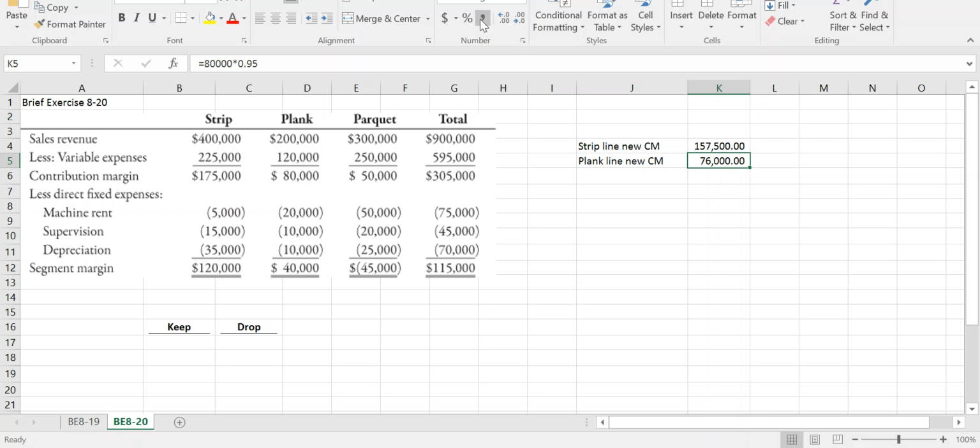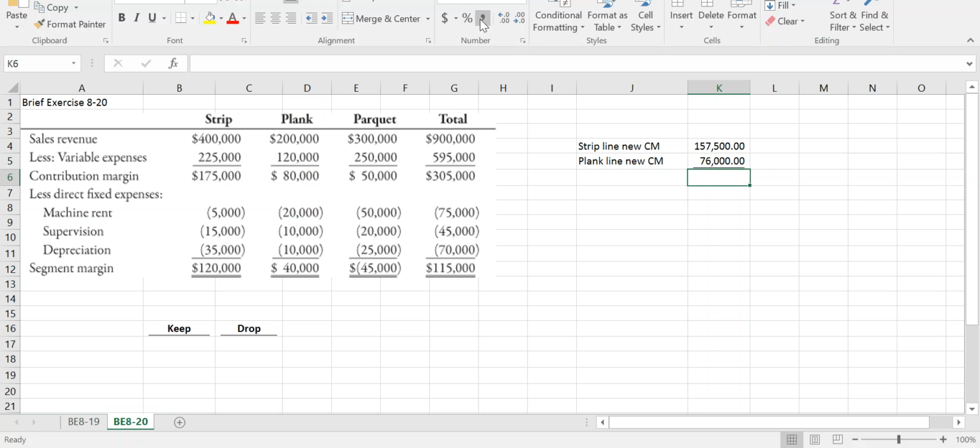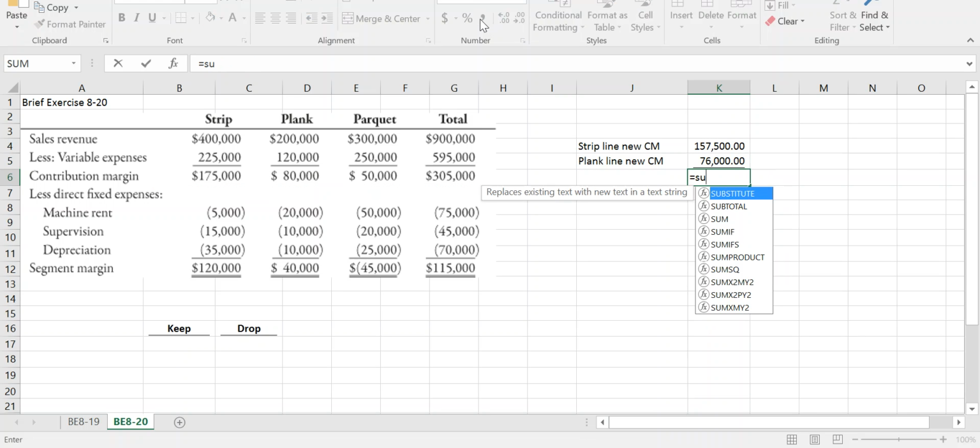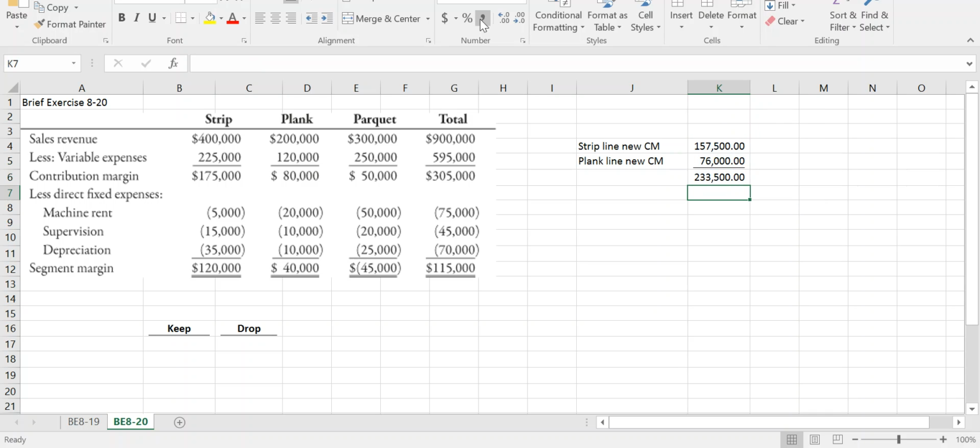So if we were to drop our Parquet line, the contribution margin for the company would drop to $233,500.